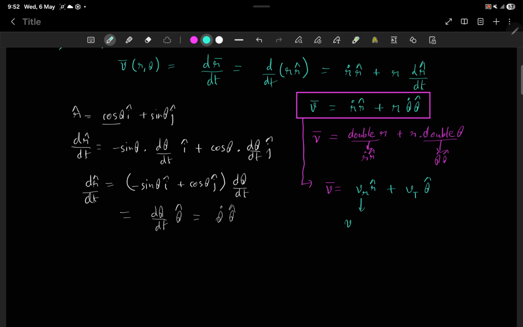And Vr equals r dot, that is dr by dt. This is the magnitude: I am differentiating the magnitude of the radial vector with respect to time. And V transverse equals r theta dot. So this is my radial velocity, and this is my transverse velocity.